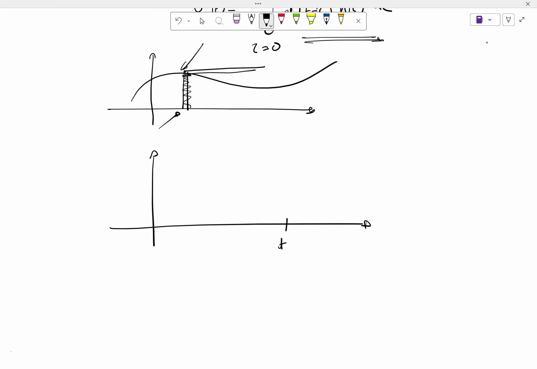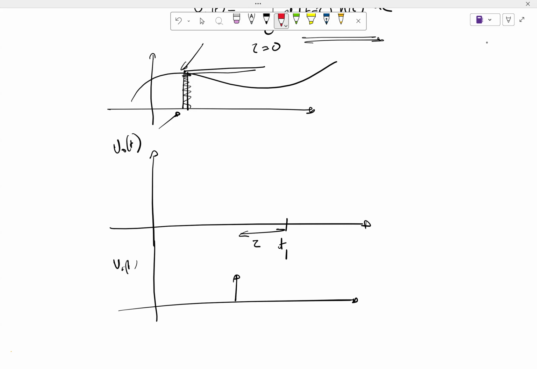So let's say I chose to observe at t1, correct? This is v naught t. And let's say your VIT is an impulse which has been applied tau before. I'm going to get some value here.